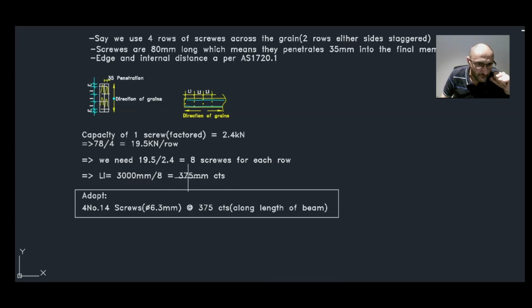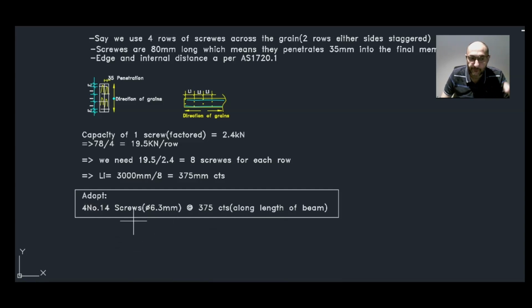Okay, so in this case it would be 2 times 290, which is more than sufficient here. So 375 centers is acceptable. So now we can adopt 4 number 14 screws, 6.3 millimeter shank diameter at 375 centers along the length of the beam.